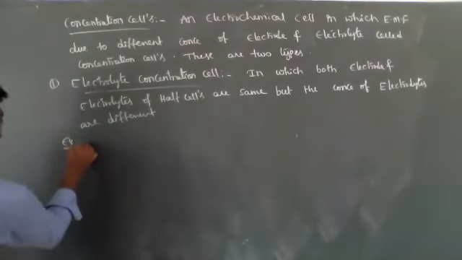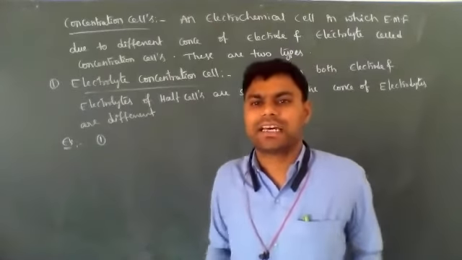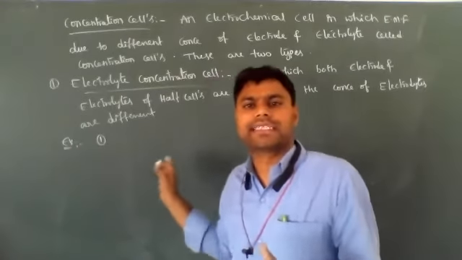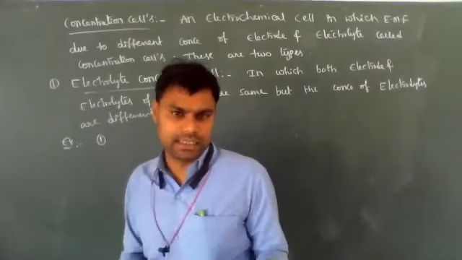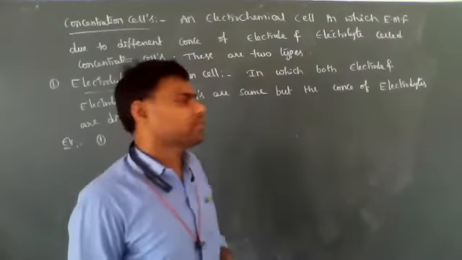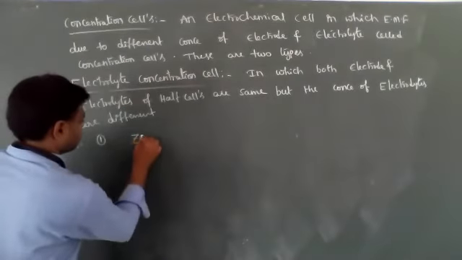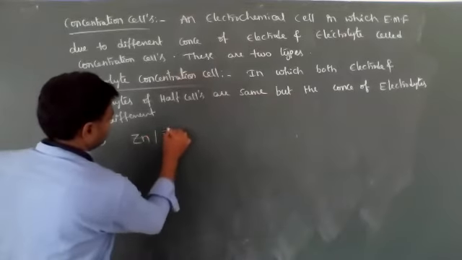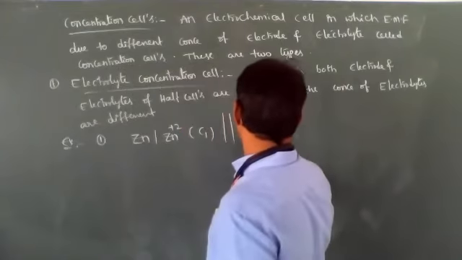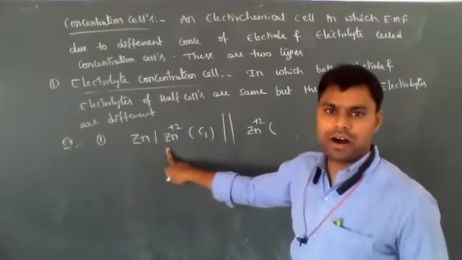Let's see an example. Take a zinc electrode in zinc sulfate. The electrodes are the same, but the electrolyte concentrations are different. Two zinc metals are taken in different concentrations of zinc electrolyte. Zn | Zn2+ with concentration C1 is the anode, where oxidation takes place.